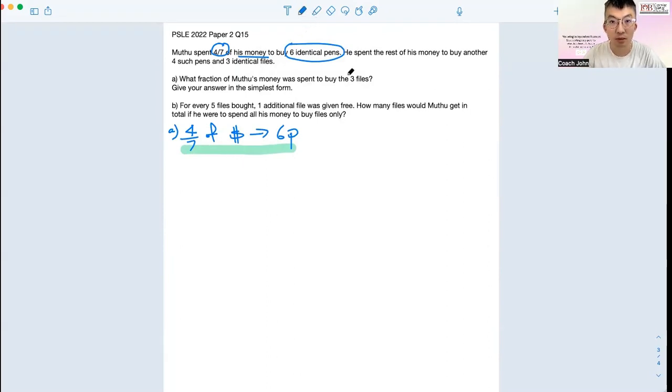Right, so let's read on. He spends the rest of the money to buy 4 such pens and 3 files. Part A asks: what fraction of the money, which is a question mark over here, is used to buy 3 files?